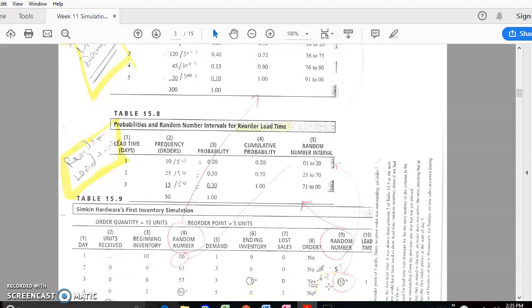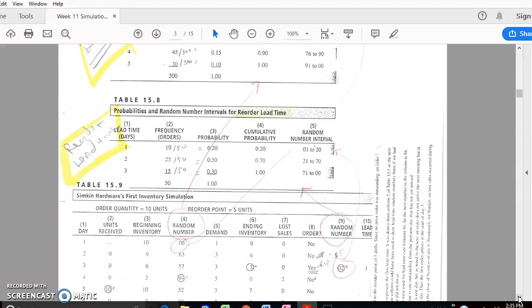We simply follow through, just jumping right over to lead time. It takes 1 day in order to get the parts, or I'm sorry, the drills. And so we're able to get that right here for our units received, our new order of 10 drills. Again, 10 drills is in the list of instructions, and when you do reorder, it's 10 drills.